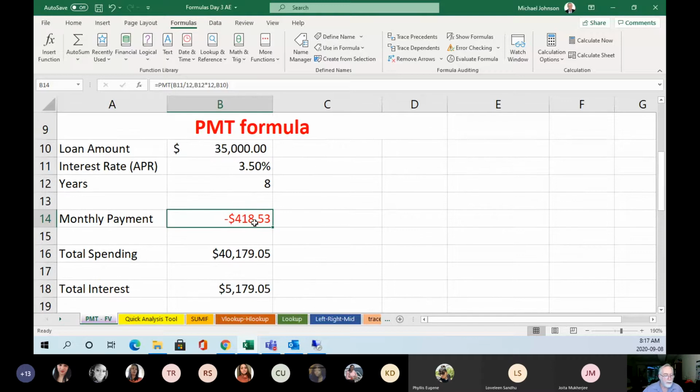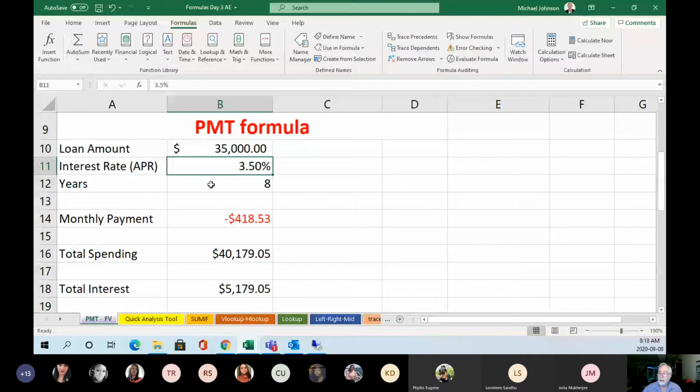It's a very simple formula to use, but you do have to remember one very important element: the interest is always calculated as a yearly value, and you must divide it by 12 to find out the monthly value. And when it comes to the number of years, again, we need the months, so I have to multiply that by 12. So keep those two things in mind and write it down so that you have that.